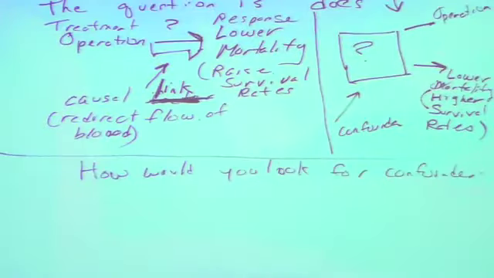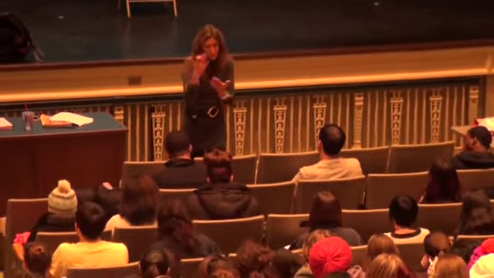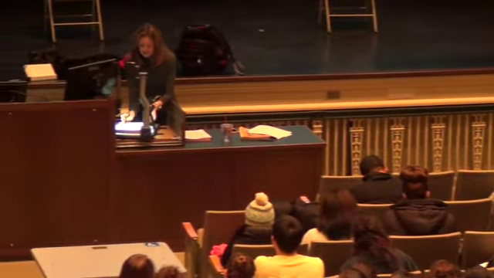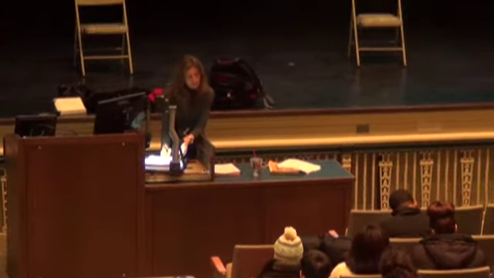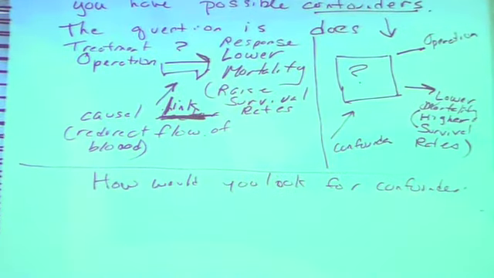Well, they're never going to happen if I randomize, because there aren't going to be any differences between you guys, except for the treatment. But if I don't randomize, how do you look for confounders? When you don't randomize, think about it. Okay, what's different about these? I didn't randomize. What's different about the people at the edges of the here and you guys?